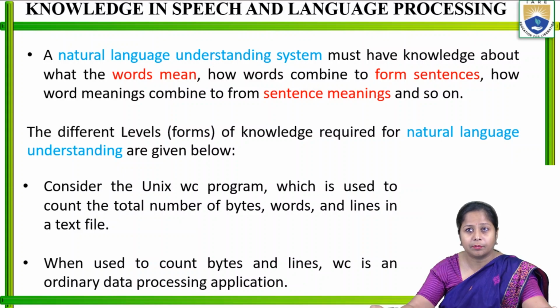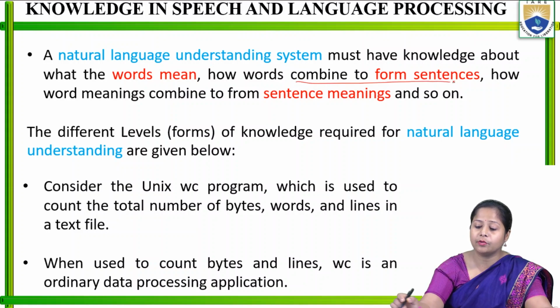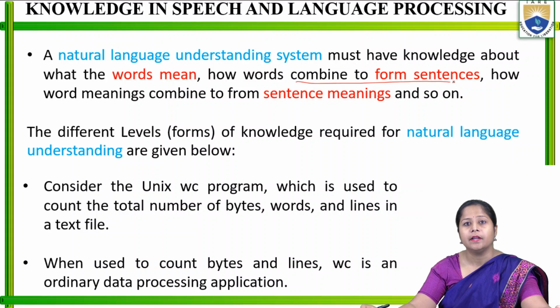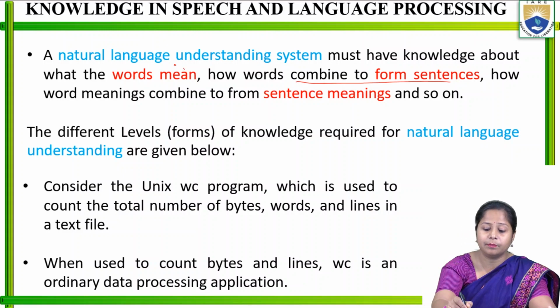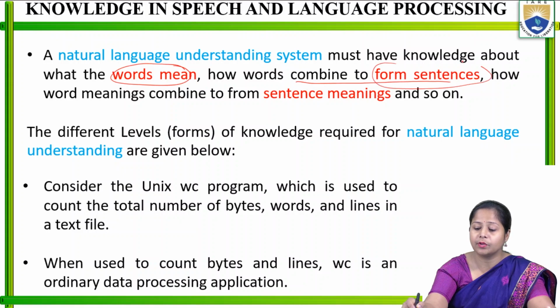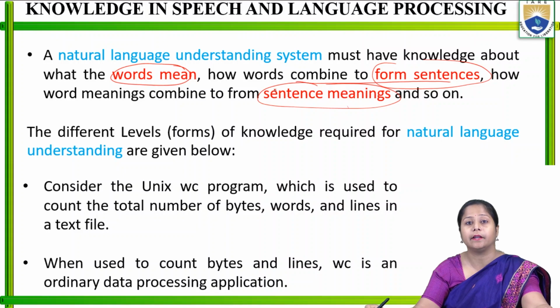It must have knowledge about what the words mean, how words combine to form sentences, and how the words' meanings combine to form sentence meanings. So these three interpretations a natural language processing understanding system will have whenever it pre-processes sentences or a paragraph. First is the word meaning, second is how words form a sentence, and third is what is the meaning of that particular sentence.